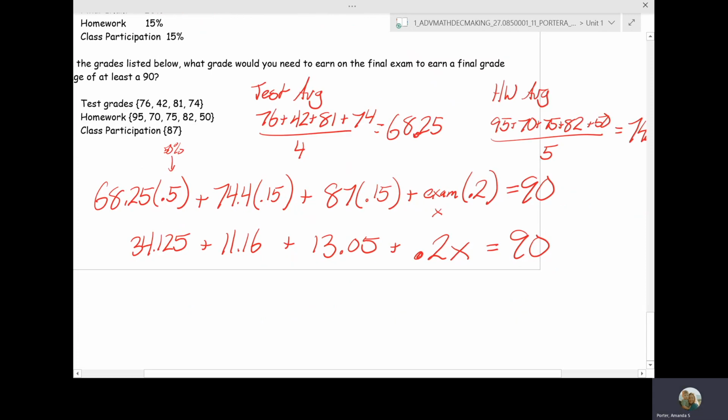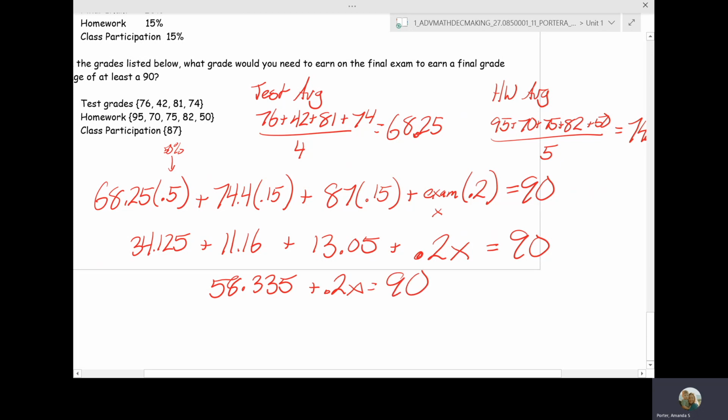And I'm going to add together my numbers that are like terms, right? My numbers without the x's. So 34.125 plus that 11.16 plus that 13.05. I'm going to get 58.335 plus 0.2x equals 90.